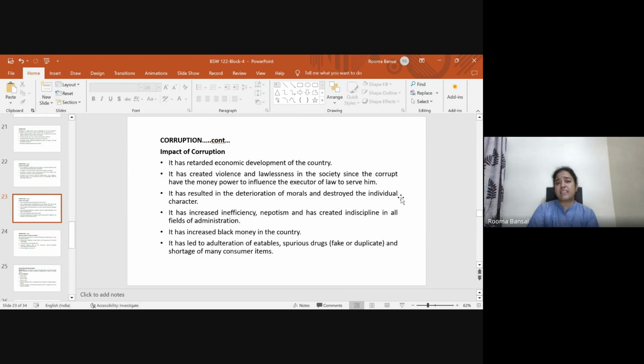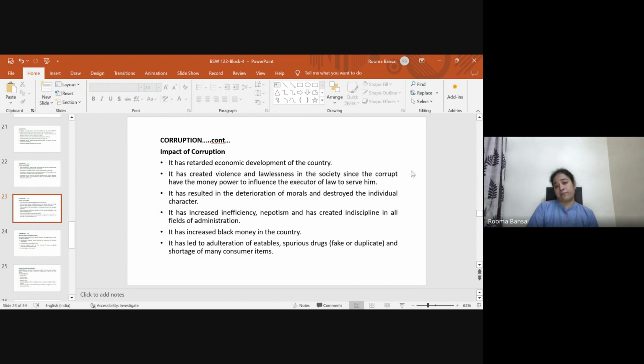Next, it has increased inefficiency and nepotism, and has created indiscipline in all fields of administration. Here we can take the example of relief funds at the time of natural disasters. At the time of any sort of disaster, generally the government releases relief funds for the people affected by the disaster. Now, there is some protocol, or some agency which would be releasing the fund.